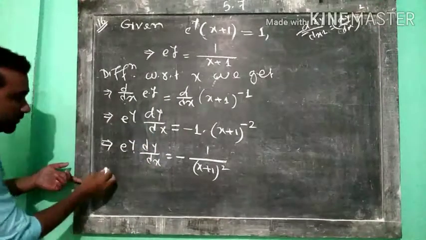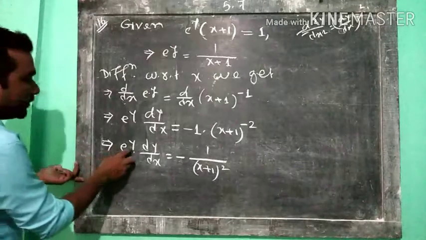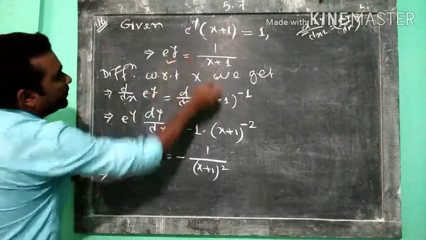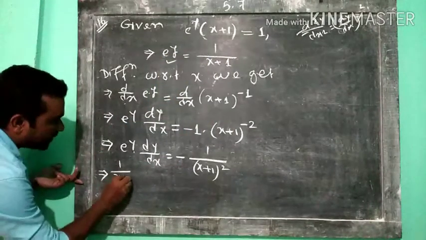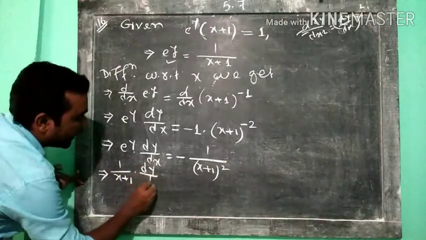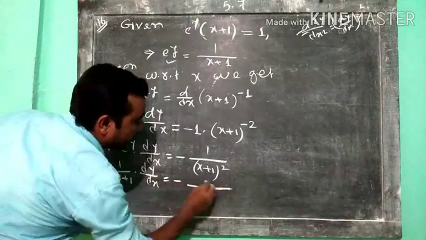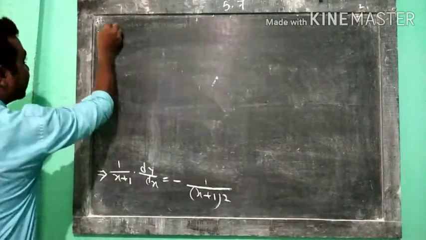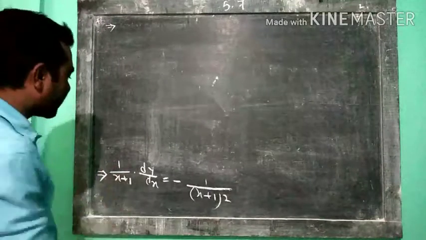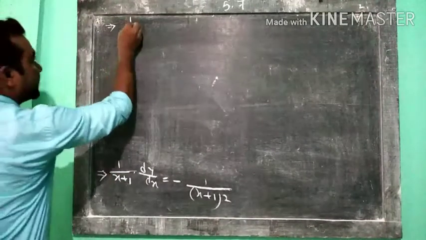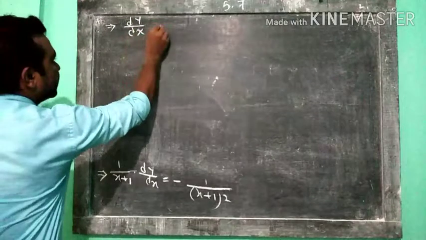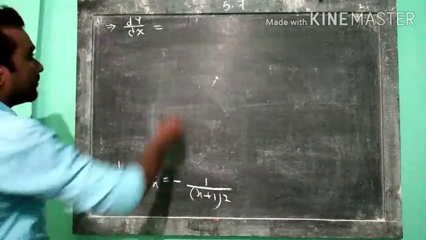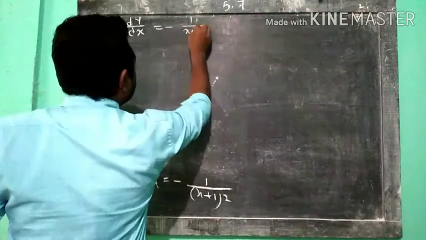The value of e to the power y is 1 by x plus 1, so 1 by x plus 1 into dy/dx is equal to minus 1 by x plus 1 whole square. Multiplying both sides by x plus 1, the x plus 1 cancels, and remaining is dy/dx equal to minus 1 by x plus 1.